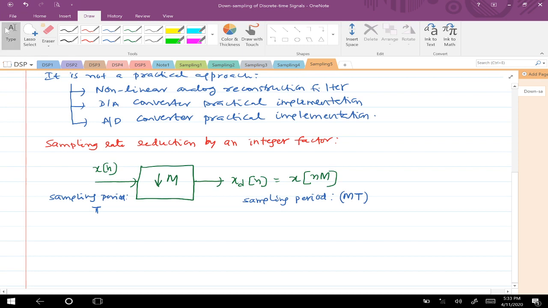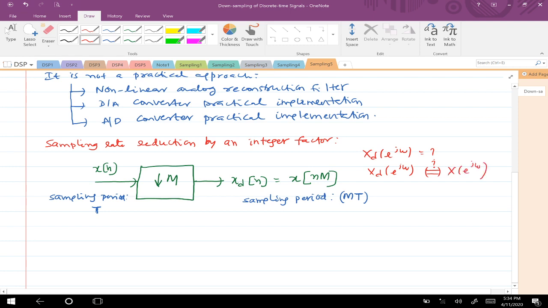Then the kind of questions that we will be able to answer at the end of this lecture are, for example: what is xd of e power j omega, what is its value? What is the relationship between xd of e power j omega and x of e power j omega?